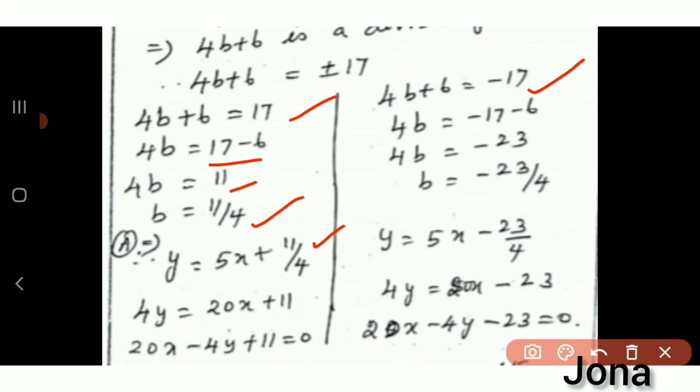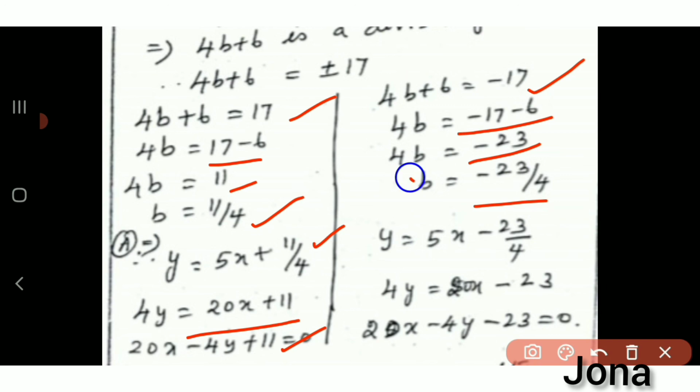Therefore we have y equal to 5x plus 11 by 4. By taking LCM and cross multiplication we have 4y equal to 20x plus 11. Taking everything to the left hand side we have 20x minus 4y plus 11 equal to 0. And for the second part, the minus case, 4b equal to minus 17 minus 6, 4b equal to minus 23, b equal to minus 23 by 4.